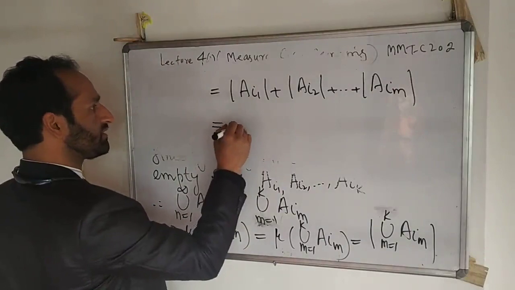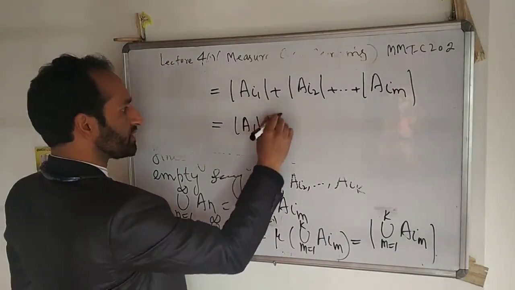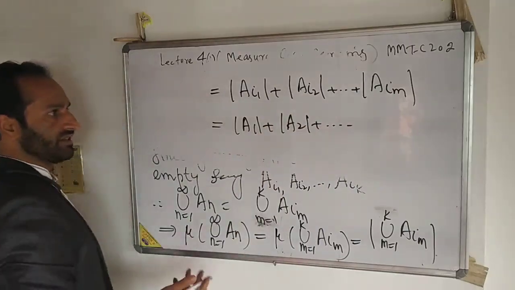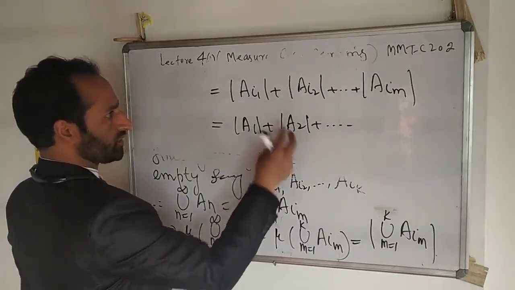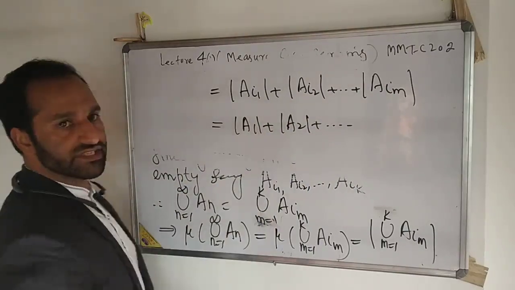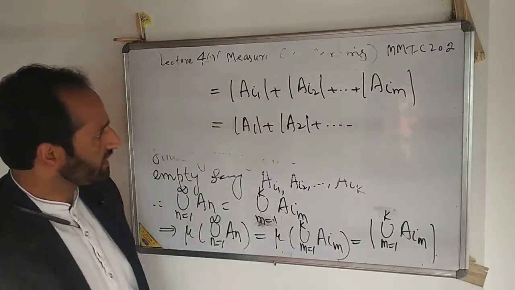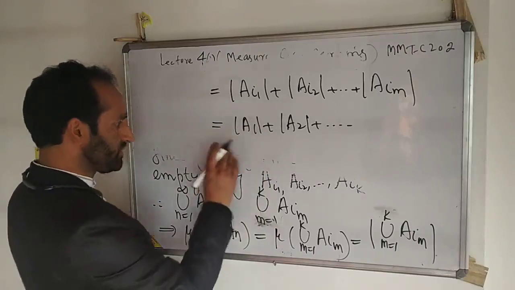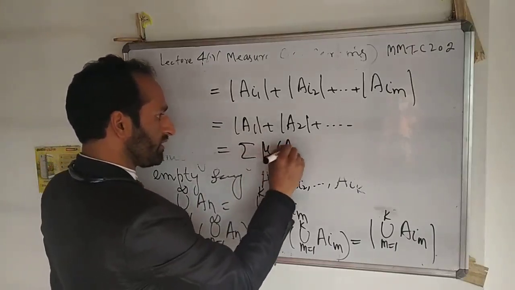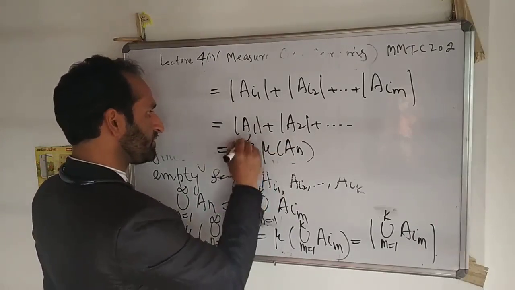It's equal to the summation of mu of An, n running from 1 to infinity.